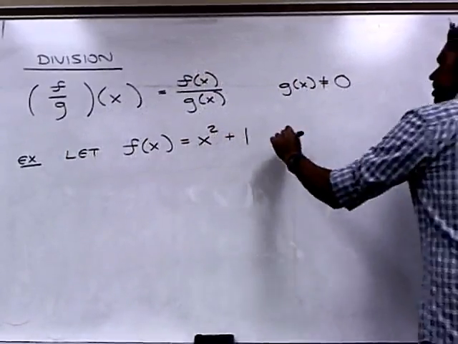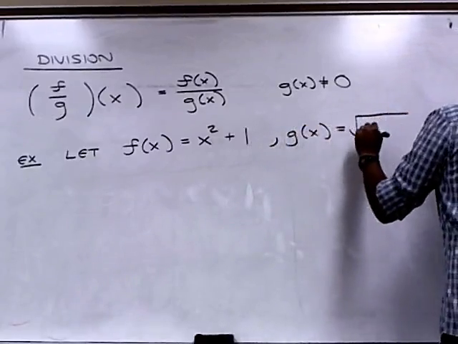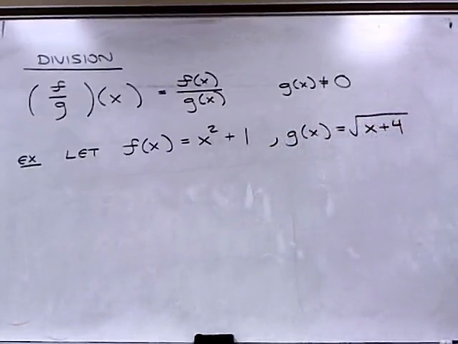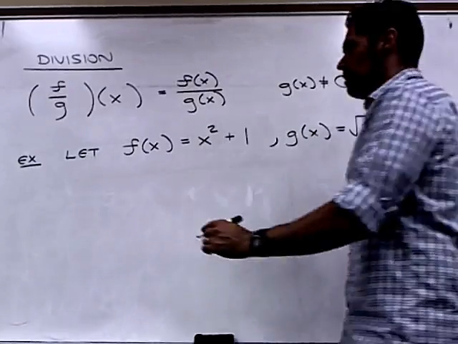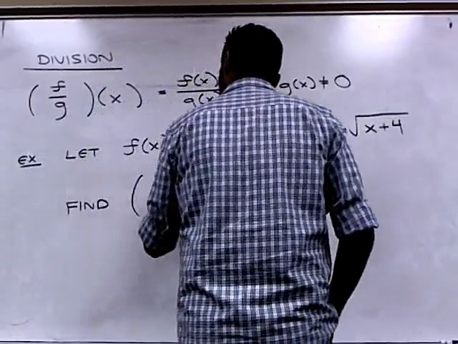And let g of x be the square root of x plus 4. And now I'm going to ask you to find this.